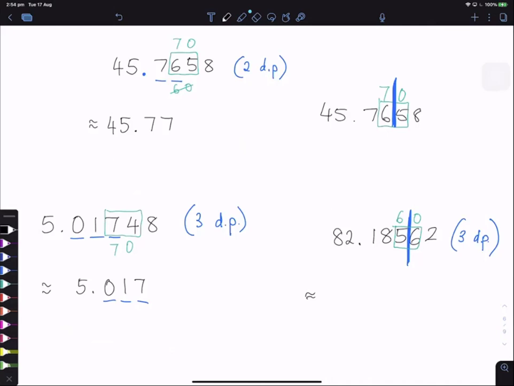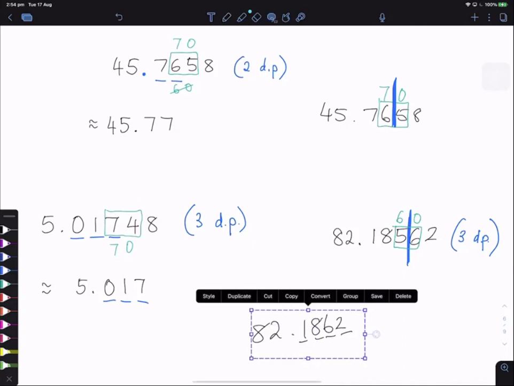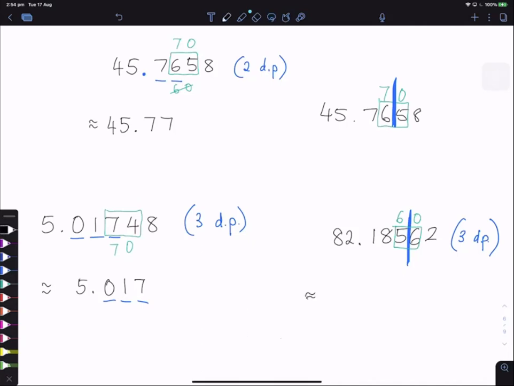Idris, that's 4 decimal places. You wrote 82.1862. That's 1, 2, 3, 4 decimal places. I wanted 3, because there was a 2 behind the 60. We don't want anything after this. Why? Because we wanted 3 decimal places.